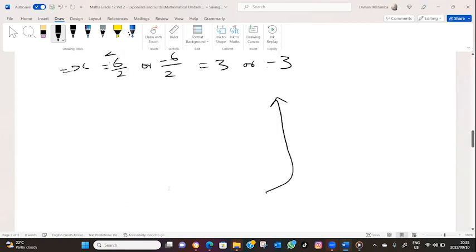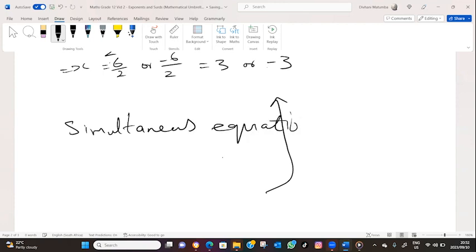And lastly, we have simultaneous equations. I'm not going to talk much about them. I'm going to do a lot of examples in the next segment.